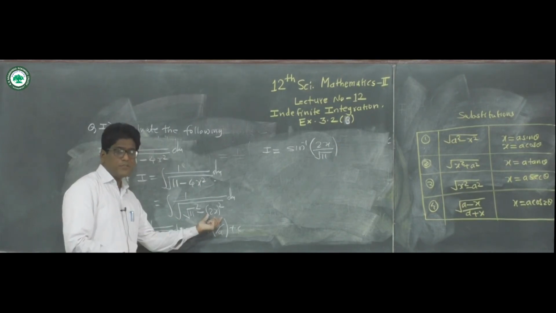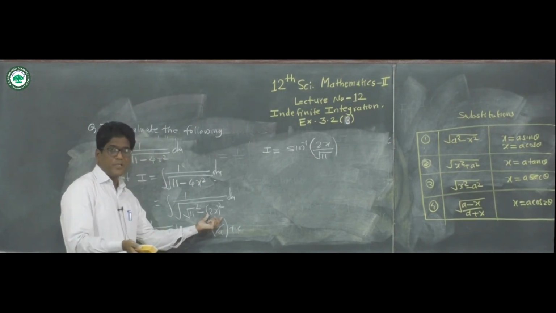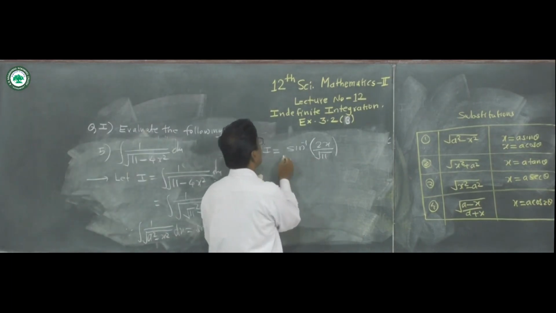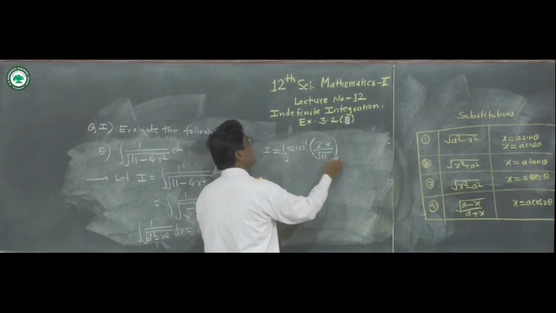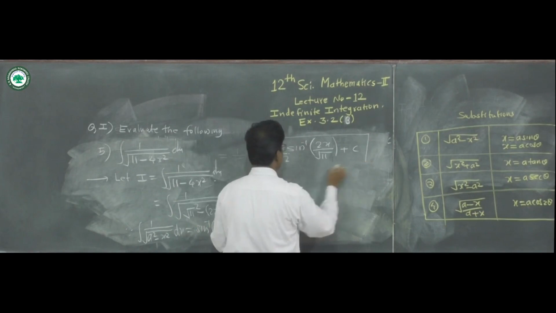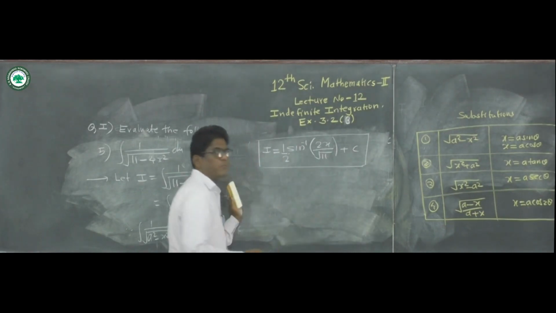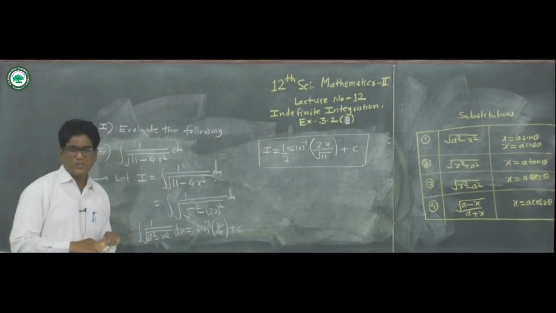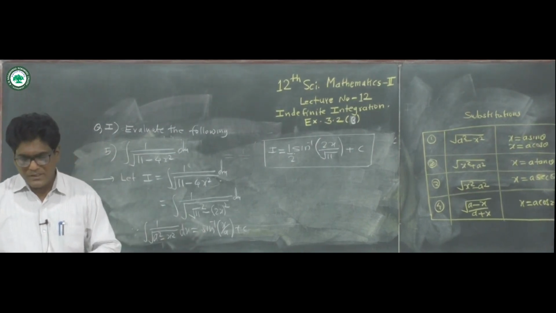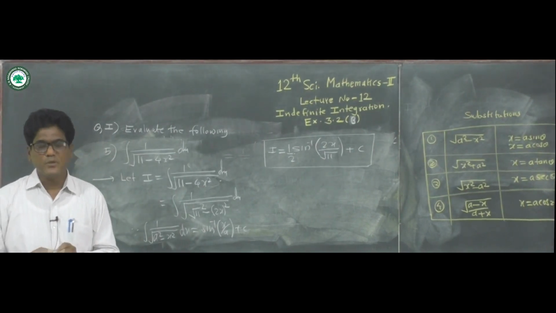So take the derivative of 2x: 2 into derivative of x is 1, so 2 into 1, that is 2. So divide this by 2, which means write 1 upon 2 plus constant of integration, and this is the final solution for this fifth problem. Take a screenshot. So in this way we have completed 5 problems in exercise 3.2b. Okay, we stop here. Thank you.